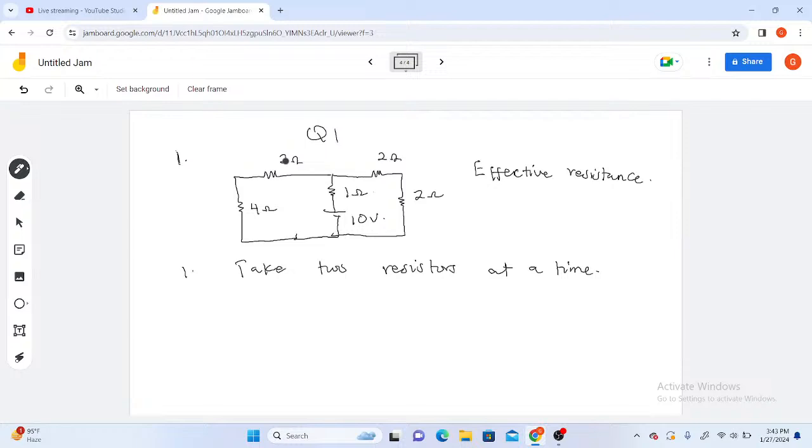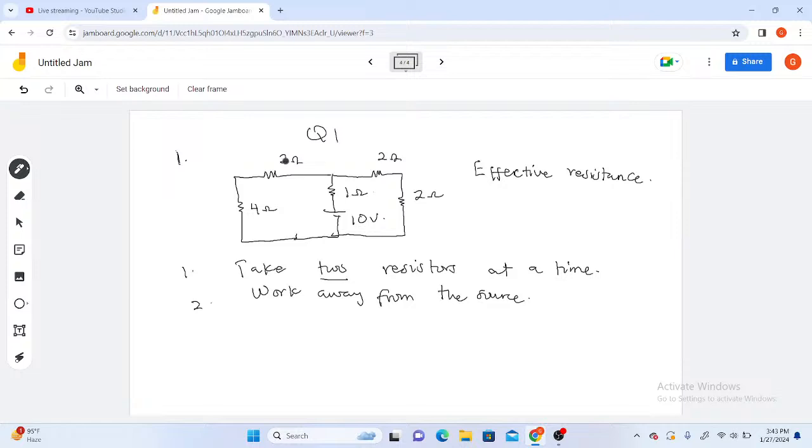The first key is to take only two resistors at a time. The second part is work away from the source. So when you start, you work away from the source, then gradually you move towards the source.